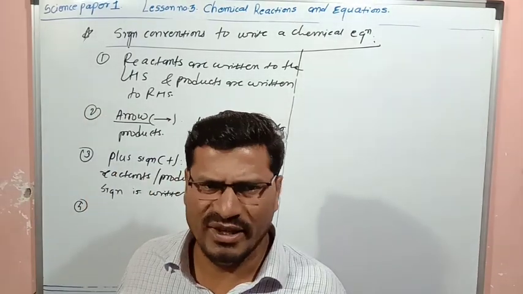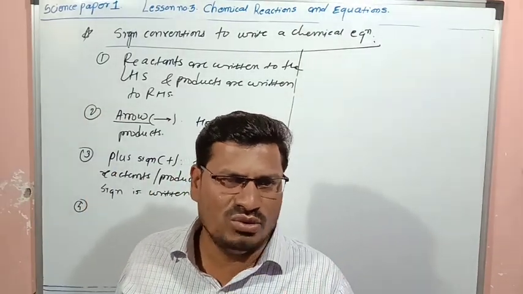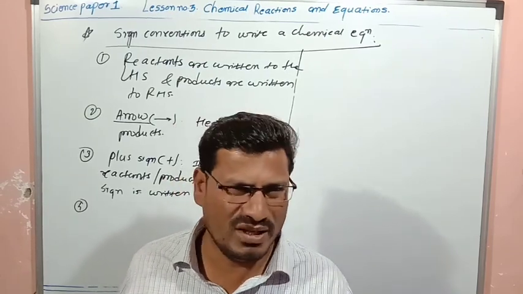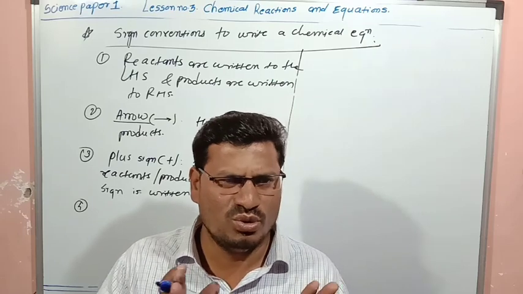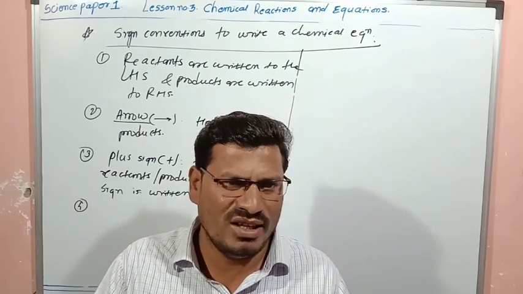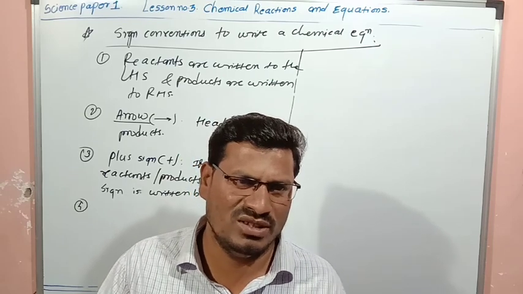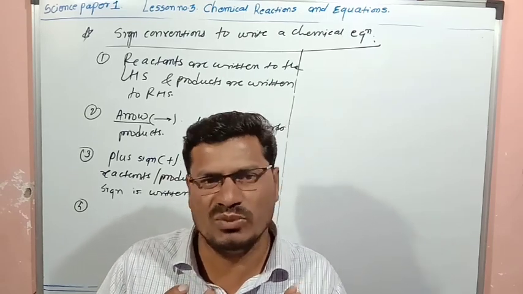So the fourth point is there. You have to make the reaction more informative, to understand how that particular reaction takes place, which are the reactants, which are the products, and what are the states of the reactants and the products.